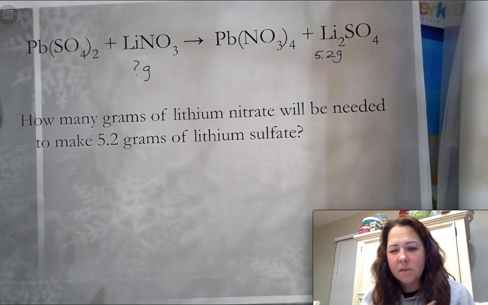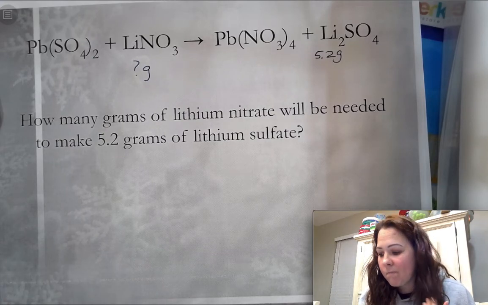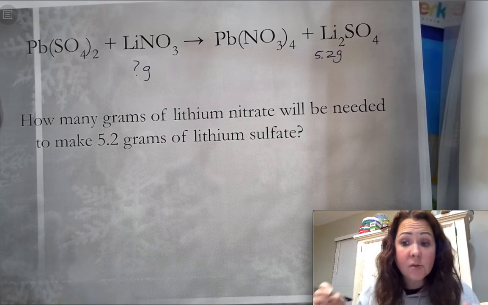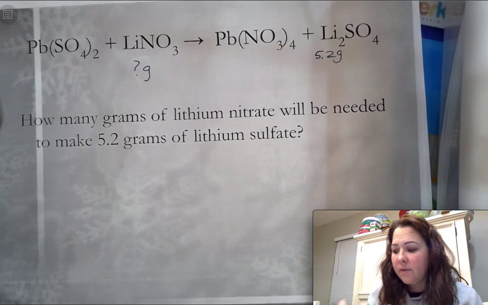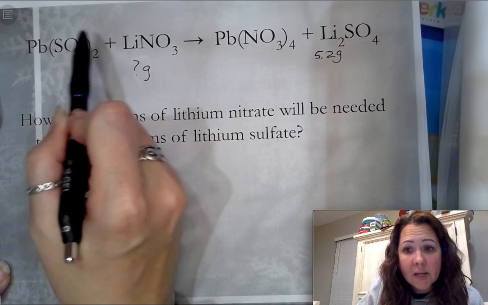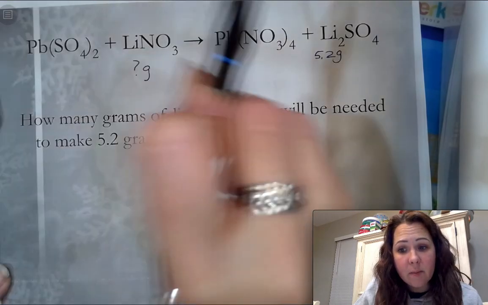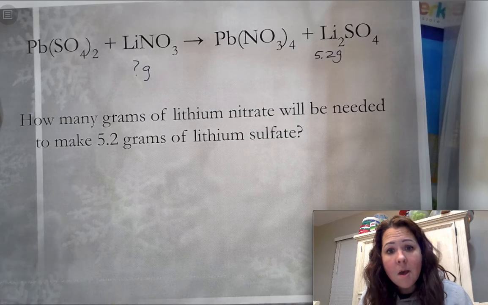And this happens a lot of times in like industry. The company says, well, we need 1,000 grams of this. And if you need that many grams of it, they're going to need to figure out how many grams you need to start with to react in order to produce that amount, because they don't want to be wasteful.